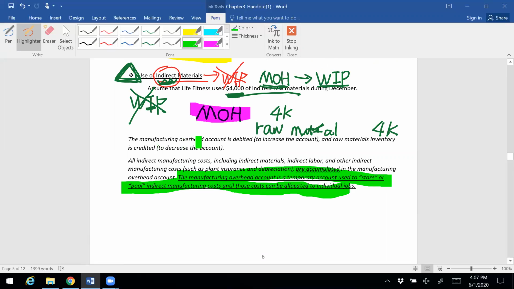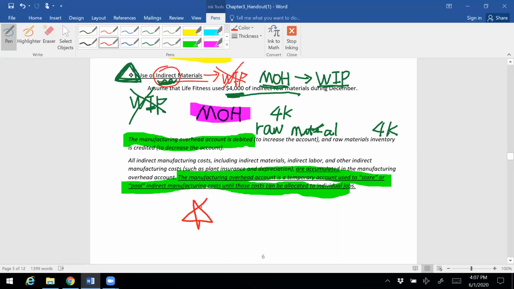But when we incur our manufacturing overhead, we should debit it. All indirect costs, including indirect material, indirect labor, and other indirect manufacturing overhead, should be accumulated to manufacturing overhead.